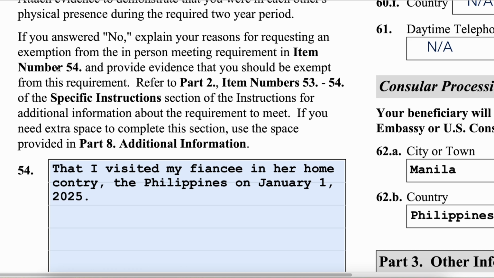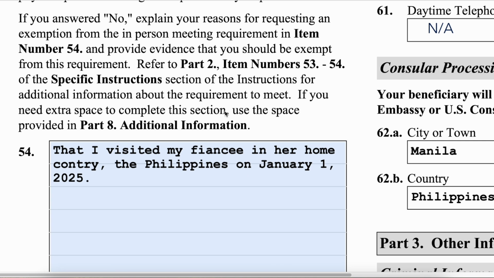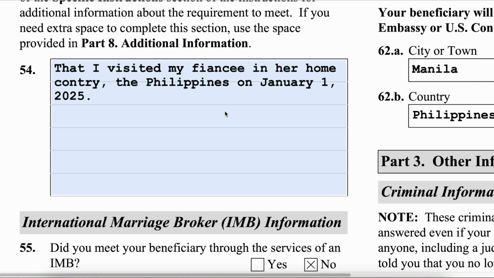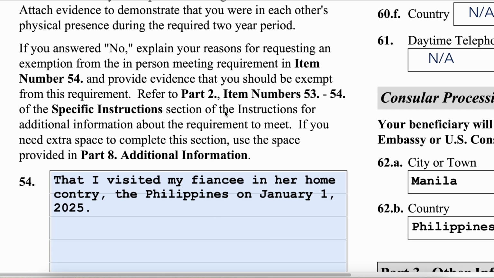If you answered no, explain your reasons for requesting an exemption from the in-person meeting requirement in item number 54 and provide evidence that you should be exempt from this requirement. Refer to Part 2, item numbers 53 to 54 of the specific instructions section of the instructions for additional information about the requirement to meet. If you need extra space to complete this section, use the space provided in Part 8, Additional Information.